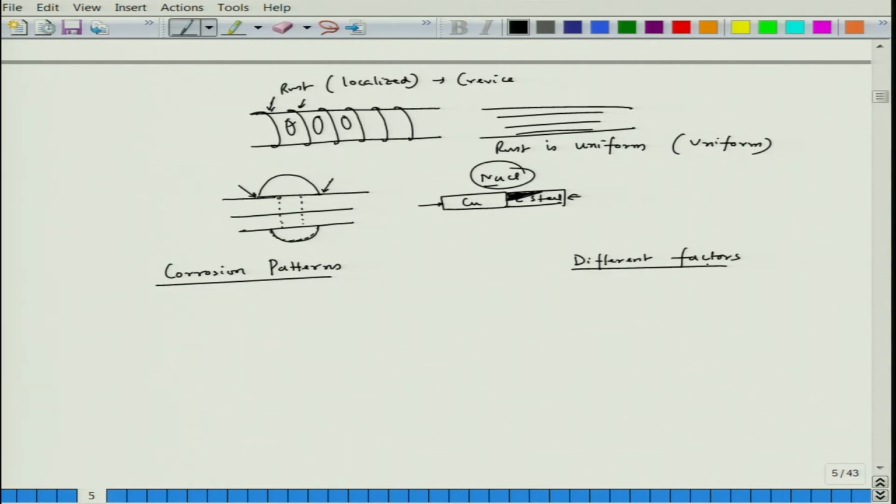The first corrosion pattern you would see, for example, is the plain rebar where the corrosion is more or less uniform, with red rust forming over the entire surface of the rod. When the corrosion happens uniformly over the entire section, we call it uniform corrosion.